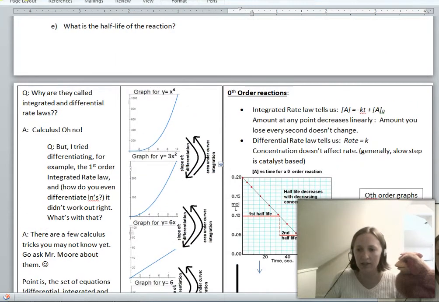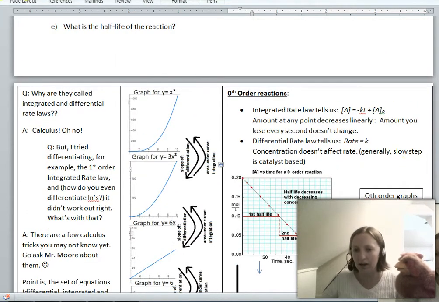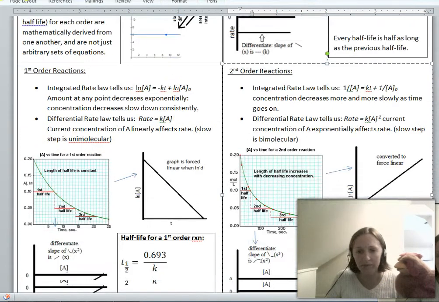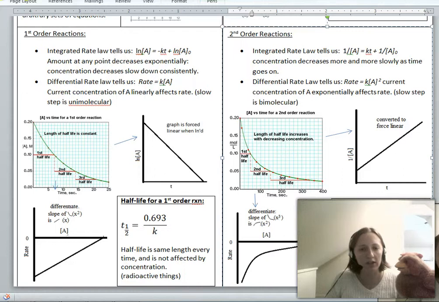Alright, next we have some more about the first order rate. First order reactions.